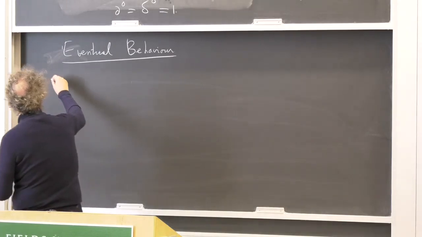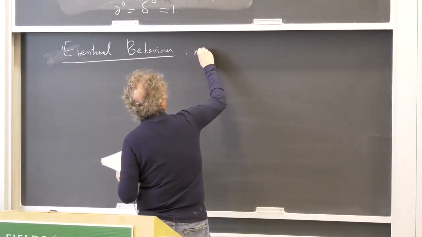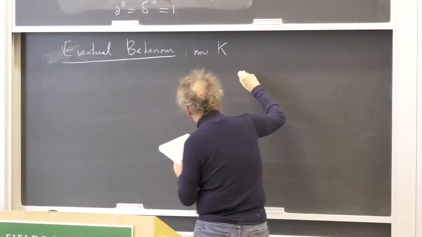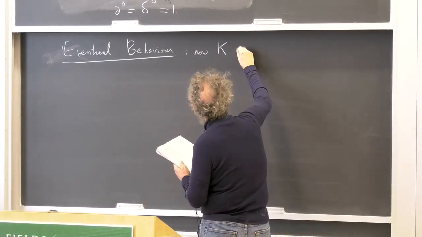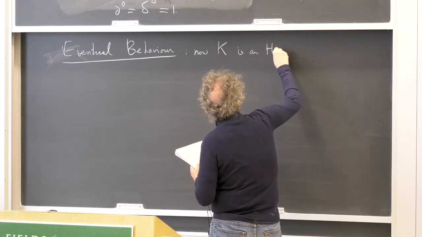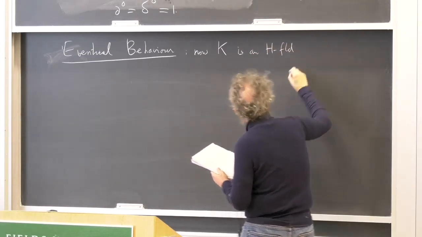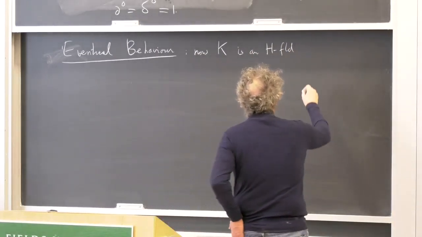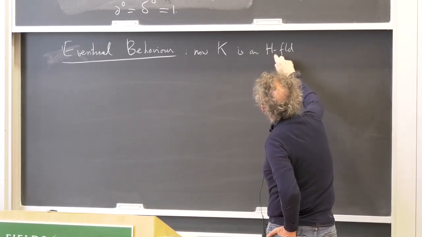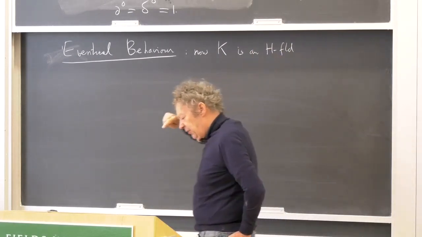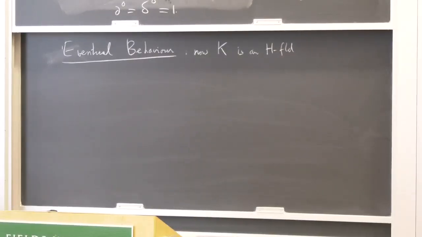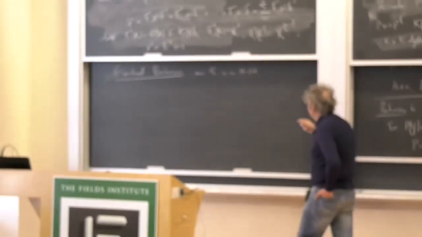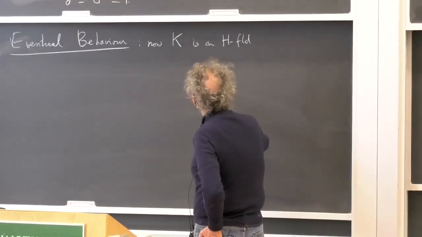So now K is more than just a differential field, it's an H field, with asymptotic integration. Last time when I talked about H fields, I introduced some extra property at the end, which implies that it has small derivation.